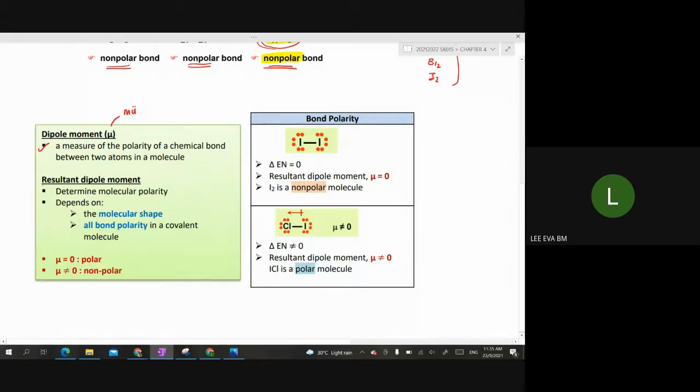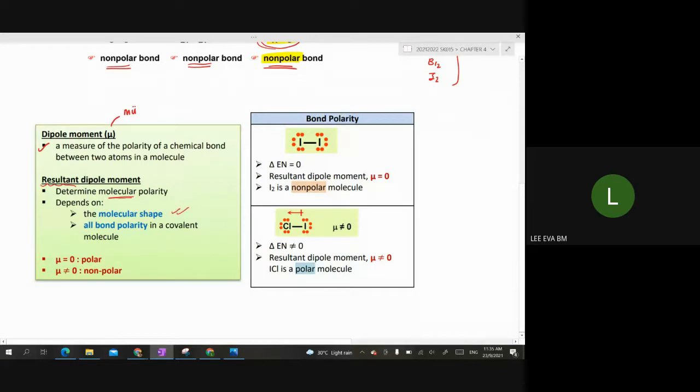So resultant dekat sini maksudnya total dia, net dipole moment dia macam mana. So resultant dipole moment is the total or the sum. So to determine the molecular polarity, when you want to determine the polarity for a molecule, you must know the resultant. What is the total? Okay, and this resultant dipole moment or the molecular polarity depends on your molecular shape.